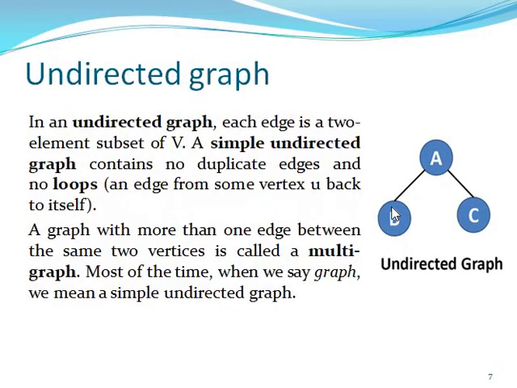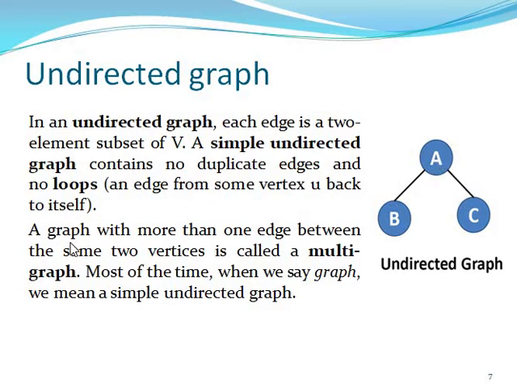Next, the undirected graph. Here the vertices are connected to a number of other nodes, but there is no direction, only the connection. In an undirected graph, each edge has two elements, a subset of V. A simple undirected graph contains no duplicate edges and no loop, as you can see here.